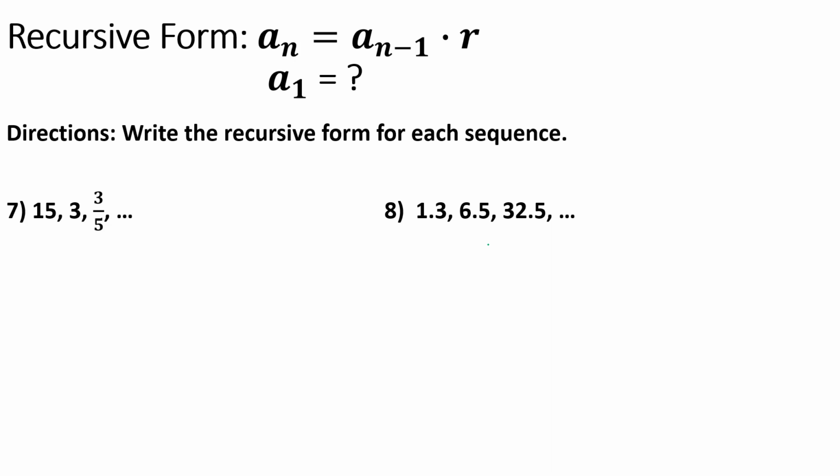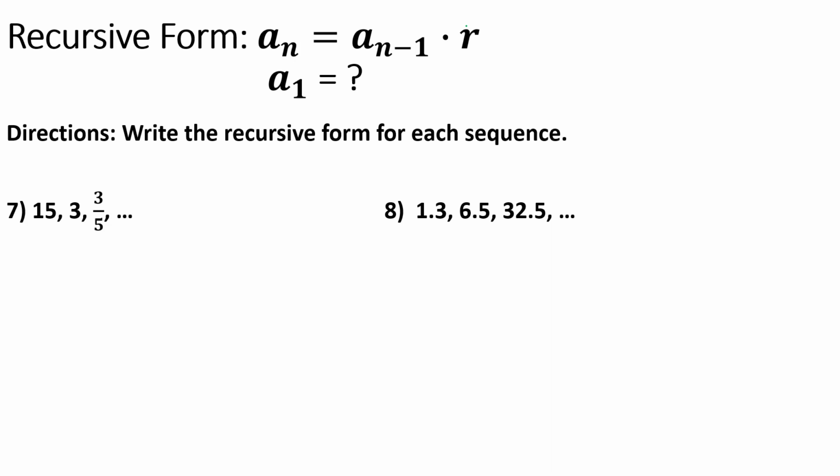All right, recursive form. Recursive form is the one that I prefer less. The reason why I prefer it less is in order to find any given term, you need to know the previous term, which is why you're taking n minus 1, and multiply it by the rate. Well, if I know the previous term and I know the rate, I'm not going to use a formula to find the next term.